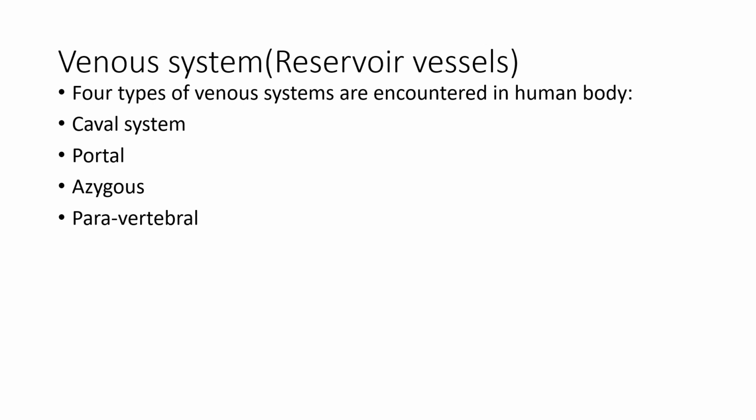Then the fourth system is paravertebral venous plexus of Batson. It has a great clinical significance in metastasis of carcinomas. So these are wall-less veins lying within the vertebral canal in epidural space, and they communicate with azygous system, portal system, as well as caval system of veins.